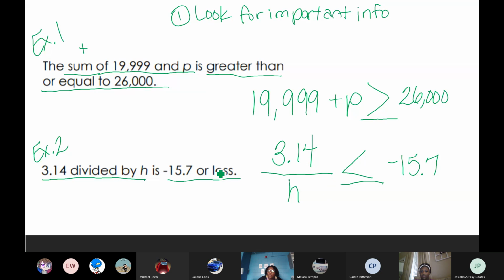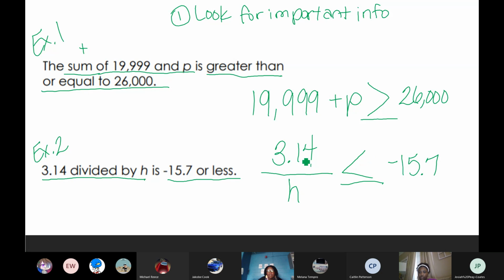All I did was look for my important information, and I used that information like directions. Step 1, I wrote down what that information told me first. The first part, 3.14 divided by h, is, that lets me know I'm going to have that equal to sign down there, or less, negative 15.7.